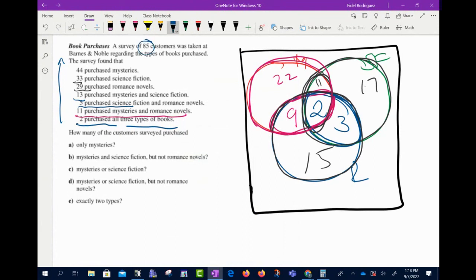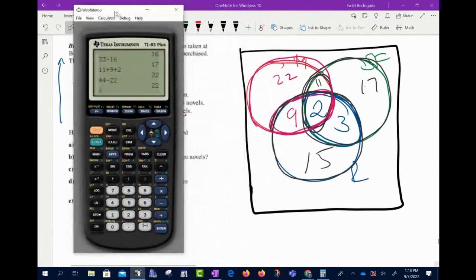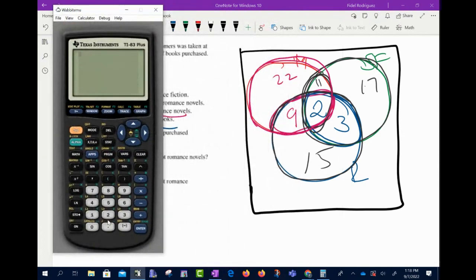The whole total was 85. So I got to take all these numbers inside those circles, add them up, subtract it from 85, and that will tell me the number that's going to go on the outside. So let's add them up. I got 22 plus 11 plus 2 plus 9 plus 17 plus 3 plus 15.